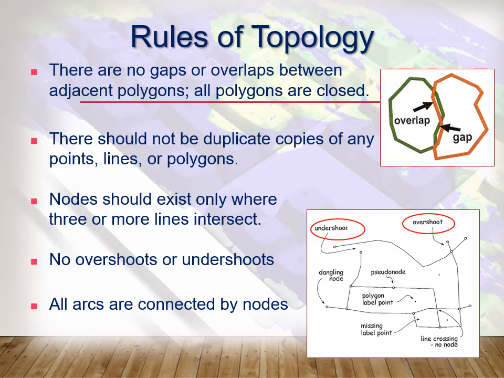So when you're digitizing, which is again something you'll learn in GIS 33, you cannot have an undershoot or an overshoot. And all arcs are connected by nodes. And these topological rules are very important when we get into either coverages, which is a type of data set in ArcGIS, or geodatabases.